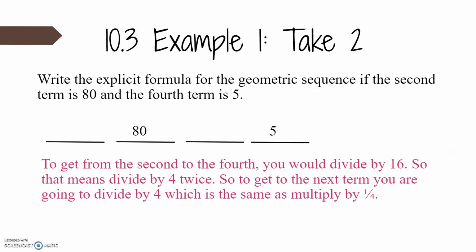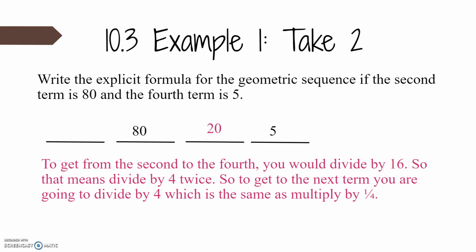So for example, to go from the second to the fourth term, we divided by 16, which means you had to multiply by something twice. So instead of saying divided by 16, that's kind of like saying I divided by 4 and then divided by 4 again, right? So that means in order to get the very next term, you're going to divide by 4 just once, aka multiply by 1/4.